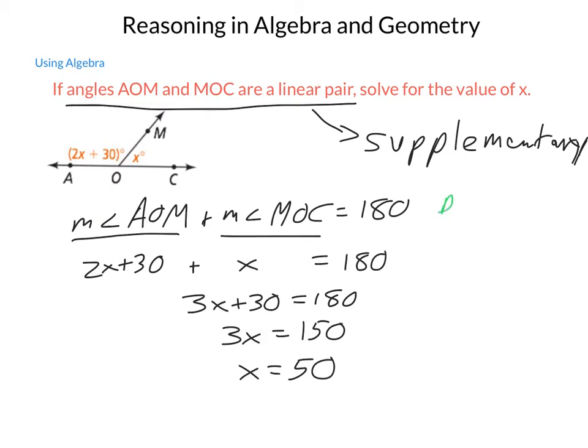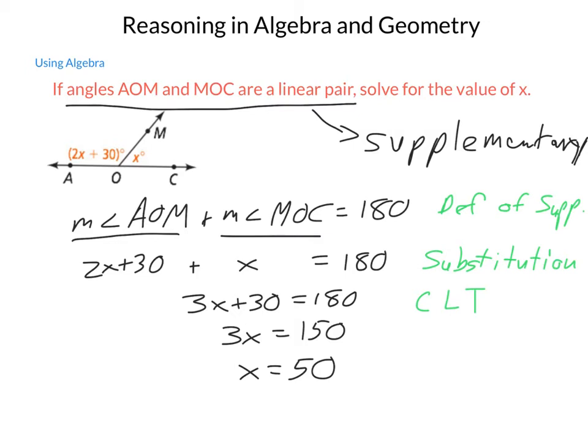So going back and recapping these pieces, what properties did we use? This is simply the definition of supplementary. Then we use substitution in order to fill in those values. We combined like terms, which throughout these video lessons you'll see me abbreviate as simply CLT.